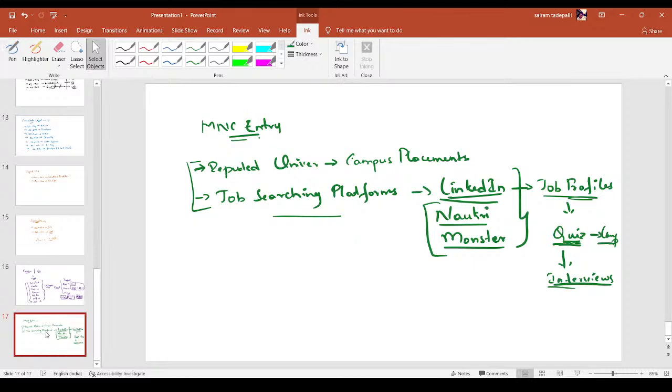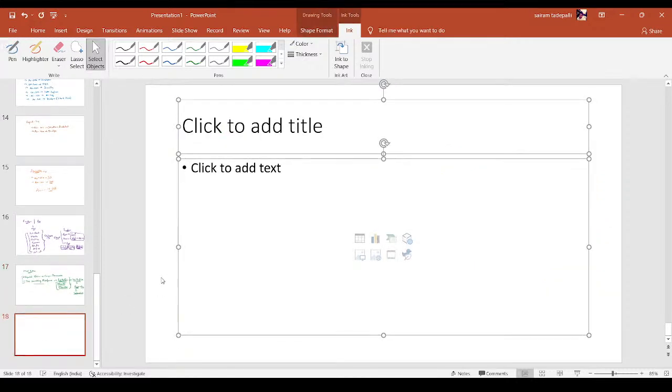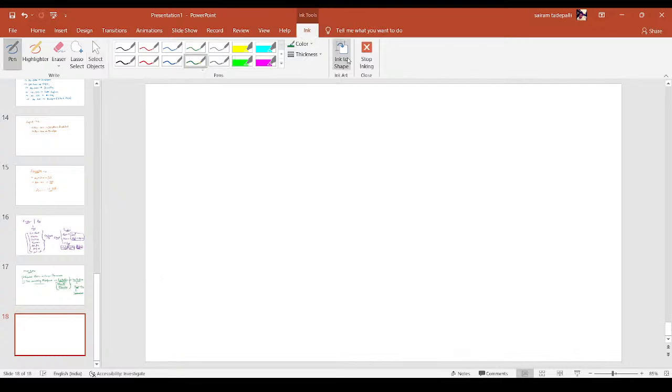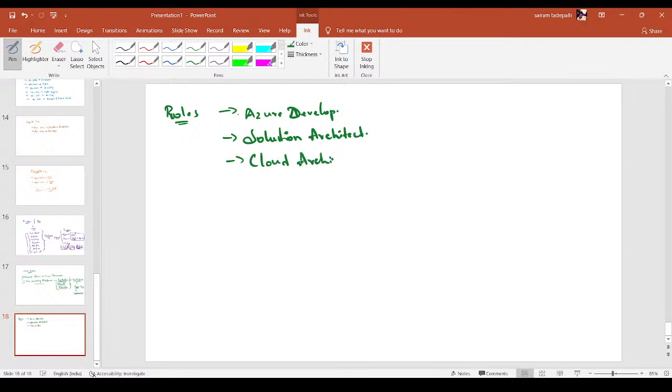So what are the roles we can get in this cloud life? You can be an Azure developer, or a solutions architect, associate solutions architect, or professional solutions architect, cloud architect, cloud admin.